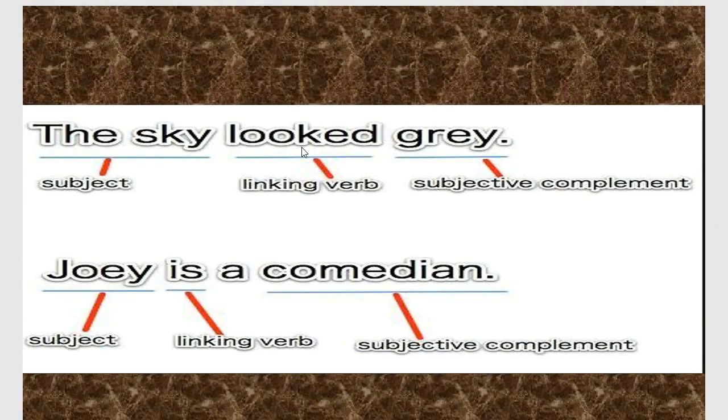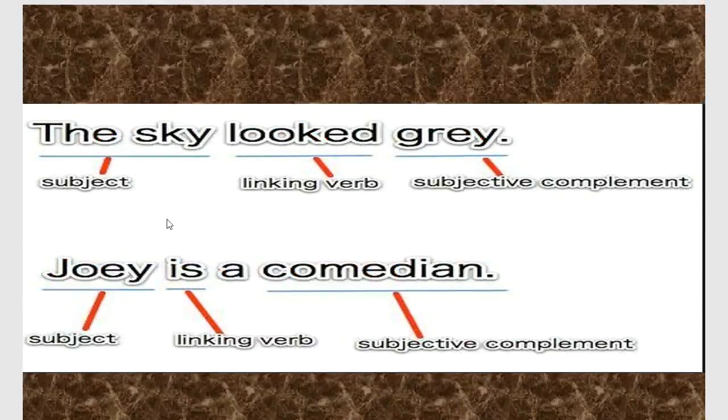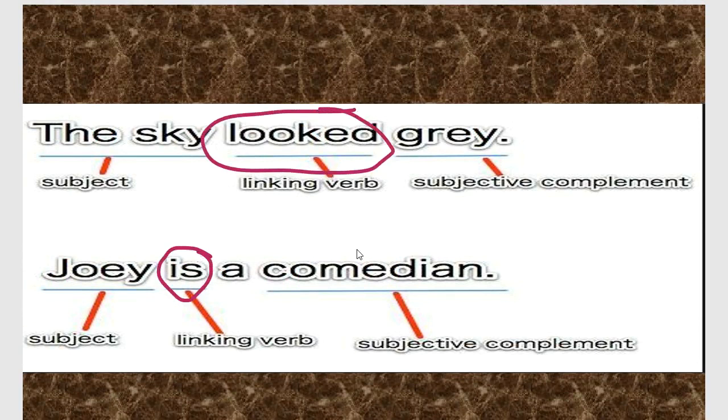The sky looked grey. So here the sky is the subject, looked is the linking verb and grey is the complement. Okay. Similarly, Joey is a comedian. Joey is the subject, is is the linking verb and comedian is the subjective complement. Now, children, you can understand that these words, is or looked, are not used as an auxiliary verb.